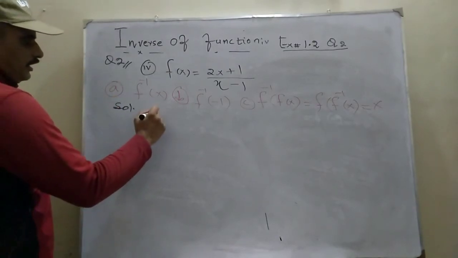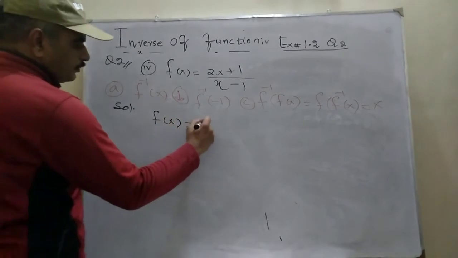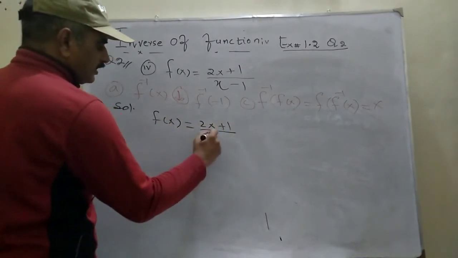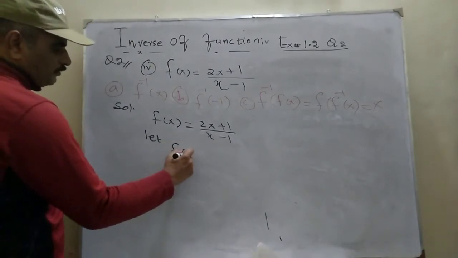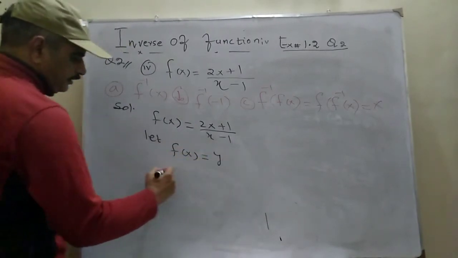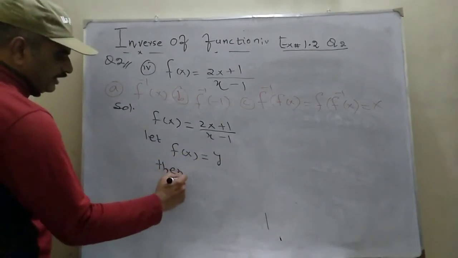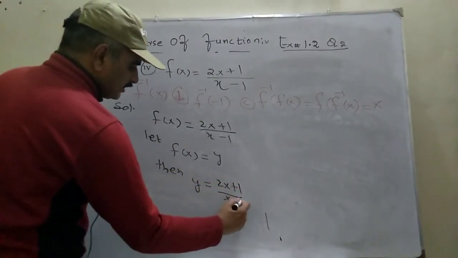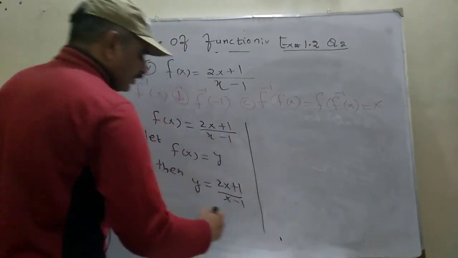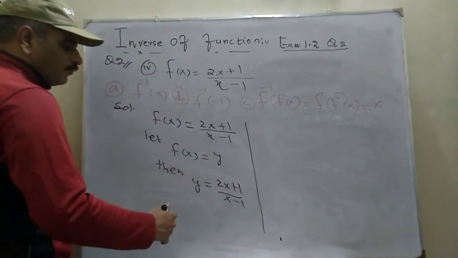So f of x is equal to 2x plus 1 over x minus 1. Let f of x equal to y, then that function becomes y is equal to 2x plus 1 over x minus 1. Now we convert this function in terms of y.